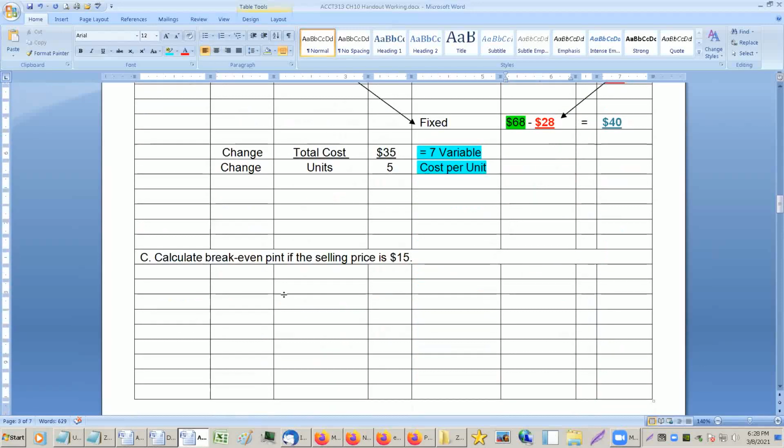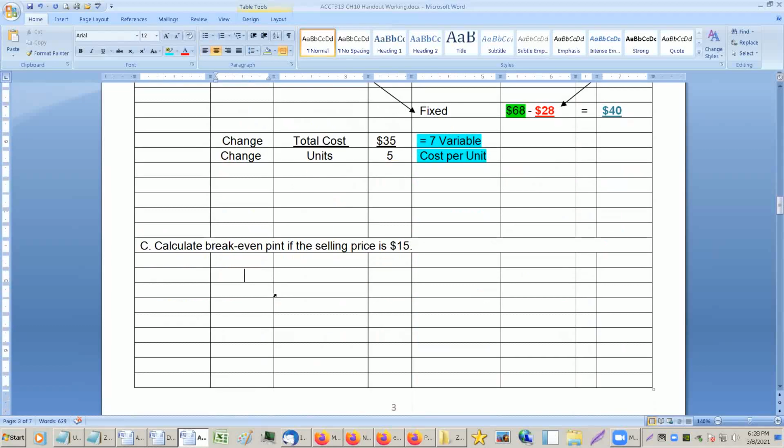Okay, down here is our calculate the break-even point. Let's change that. Let's get the break-even point. So calculate the break-even point.